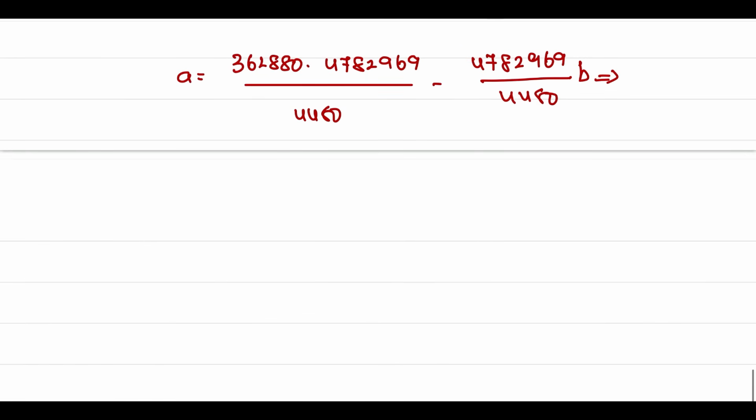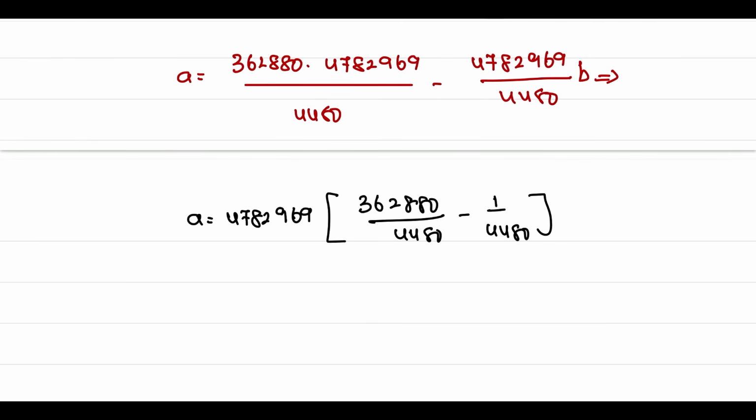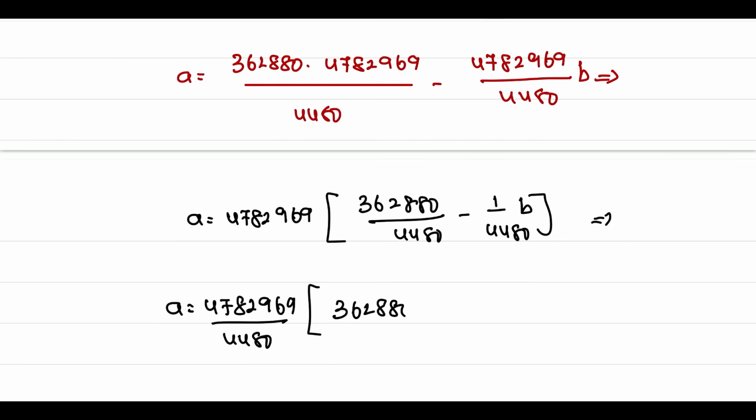Let us say we will take 4782969 as common: 362880 divided by 4480 minus 1 by 4480, into B. This implies A is equal to 4782969 divided by 4480 into (362880 minus B).